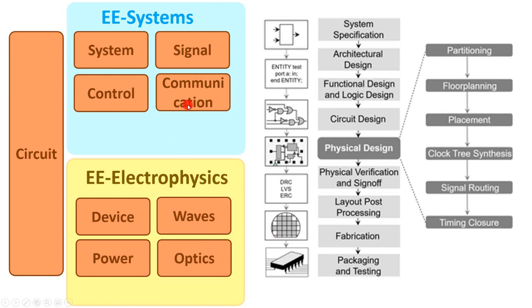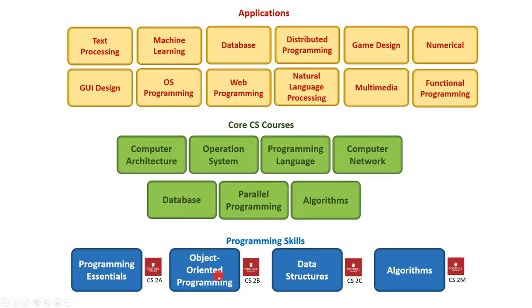So here come the different design levels for the EE discipline. We won't repeat that here. This one is the basic programming skill, core courses for computer science, and the application courses for computer science. These are what computer science majors will take.